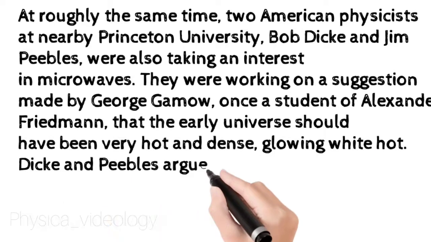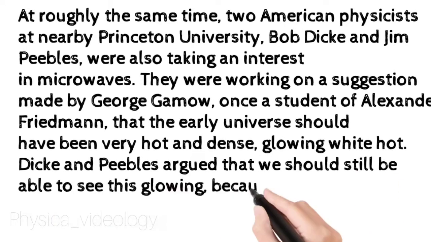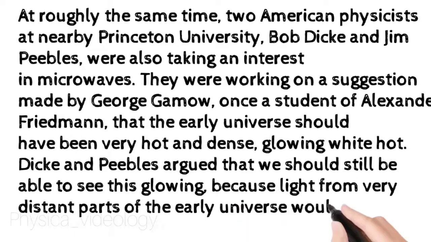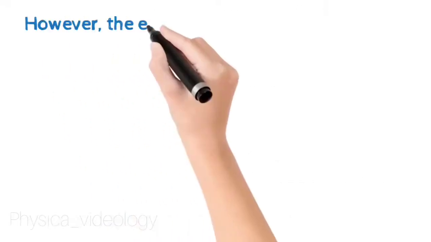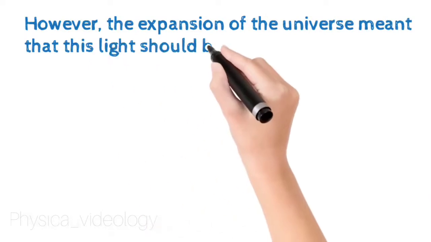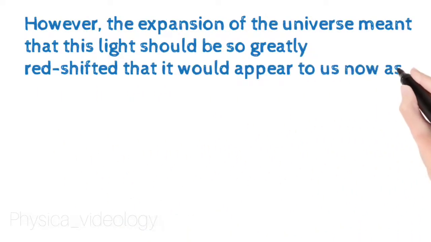Dicke and Peebles argued that we should still be able to see this glowing, because light from very distant parts of the early universe would only just be reaching us now. However, the expansion of the universe meant that this light should be so greatly red-shifted that it would appear to us now as microwave radiation.